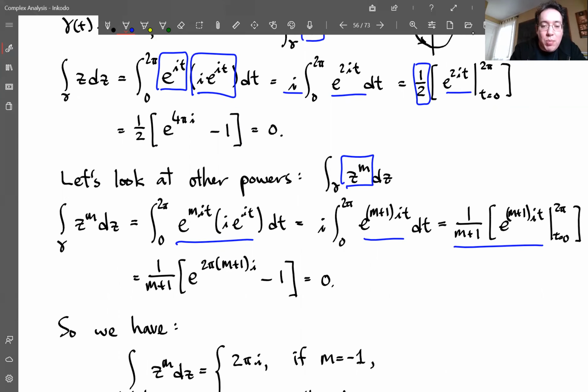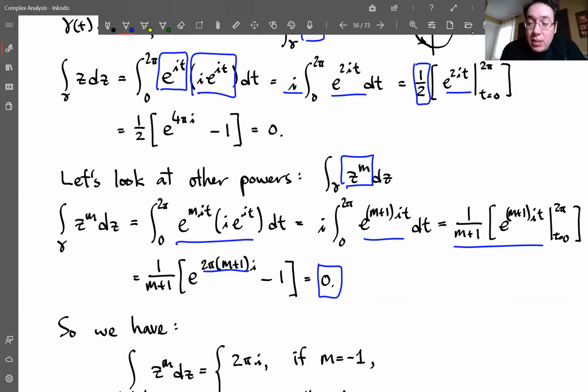And when we plug in the endpoints 2 pi, 2 pi times m plus 1, that's a multiple of 2 pi. So e to the multiple of 2 pi i is going to be 1, and 1 minus 1 is going to be 0. So the integral turns out to be 0.